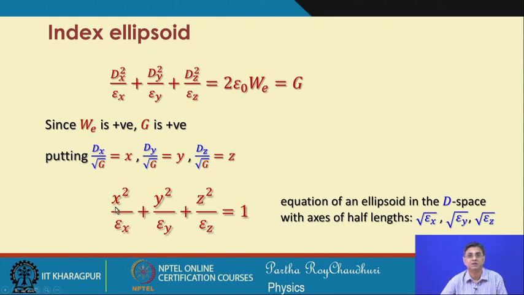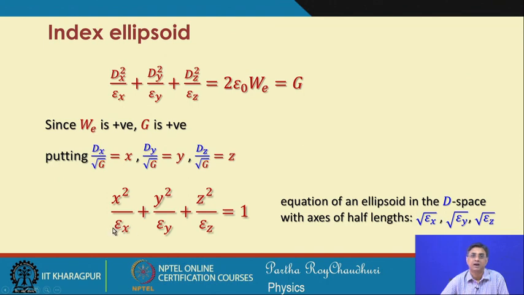represented by this equation, because x actually incorporates this dx, y takes care of dy and z of dz. So, with the axis of half lengths epsilon x, epsilon y, epsilon z, we define an ellipsoid in the D space.